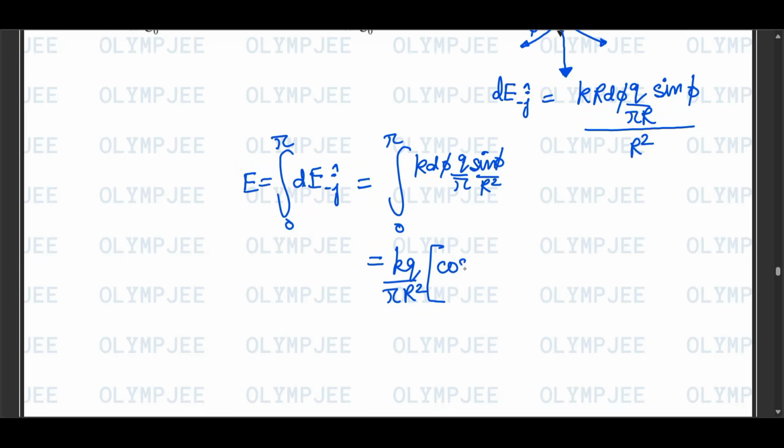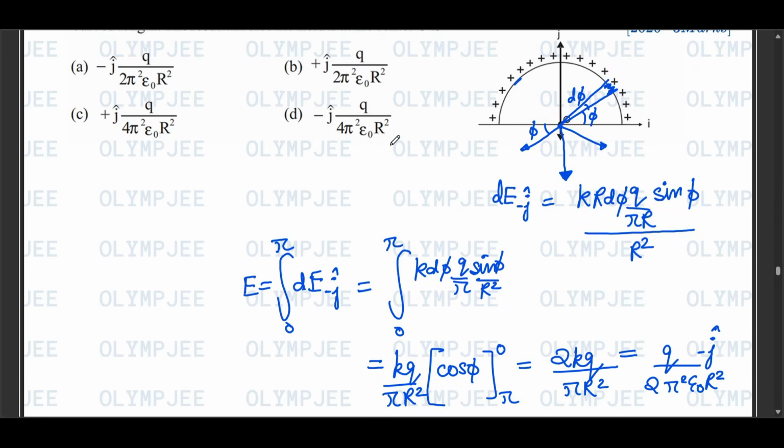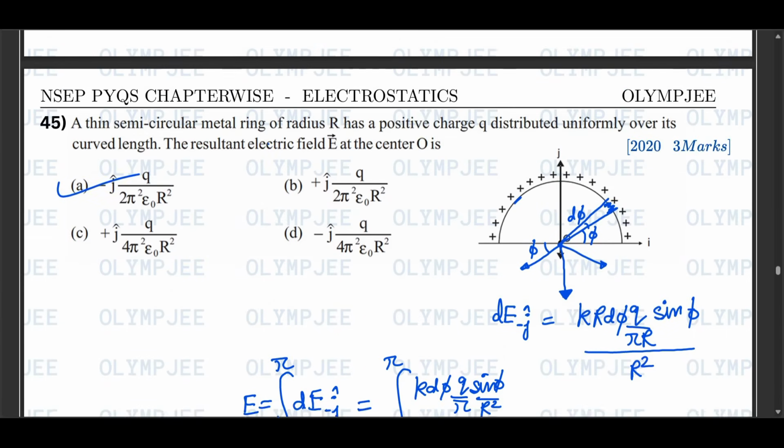So I am writing cos phi and I am changing the limits. So this will give us 2k q by pi r square, which will further give us q by 2 pi square epsilon naught r square in the minus j direction. So the answer is option A.